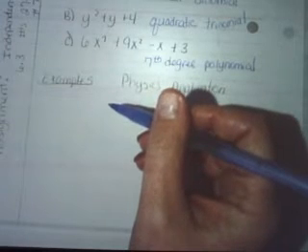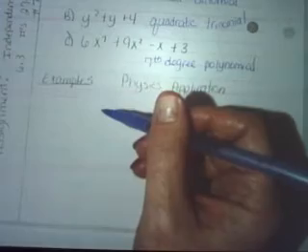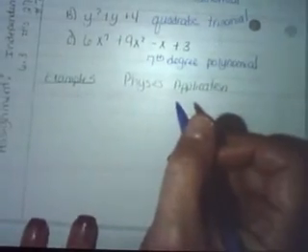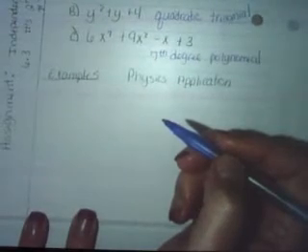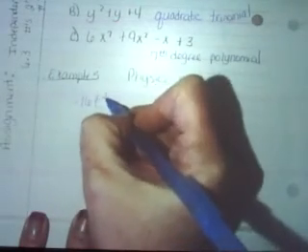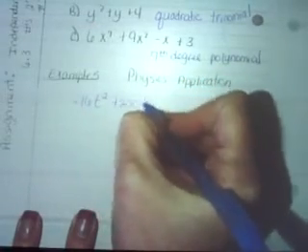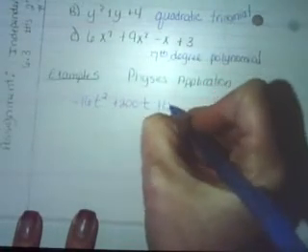It says, a firework is launched from a platform 6 feet above the ground at a speed of 200 feet per second. The firework has a 5-second fuse. The height of the firework in feet is given by the polynomial -16t squared plus 200t plus 6.